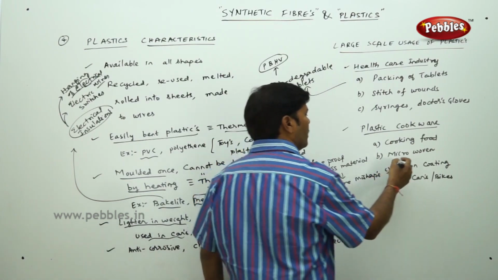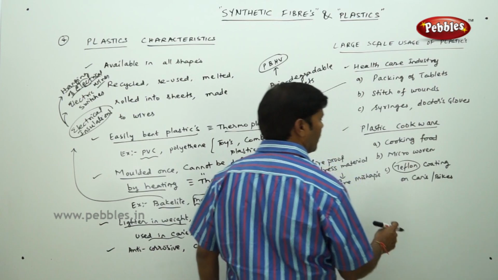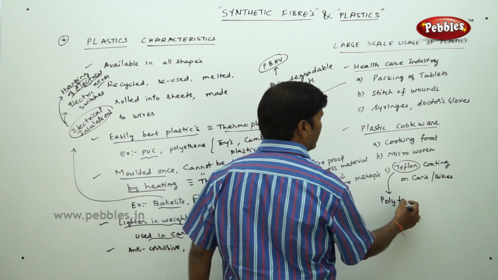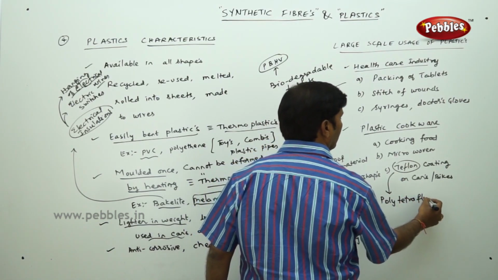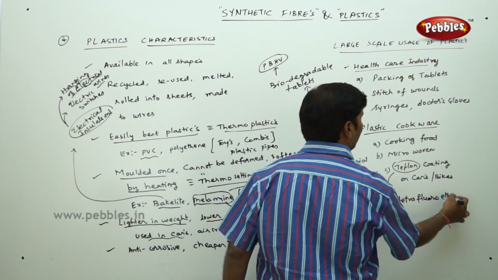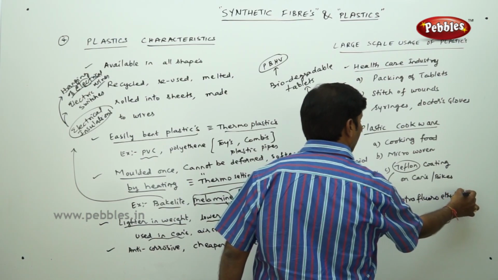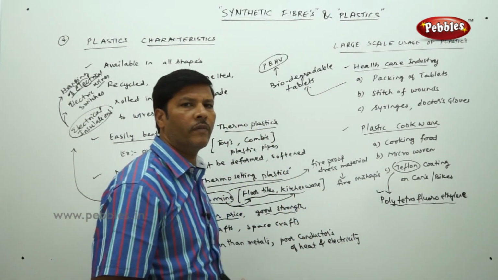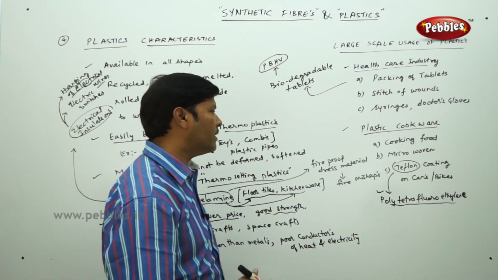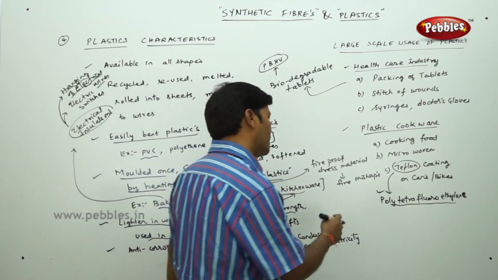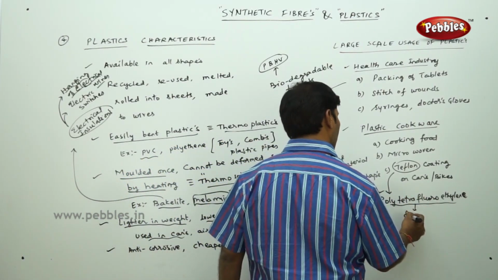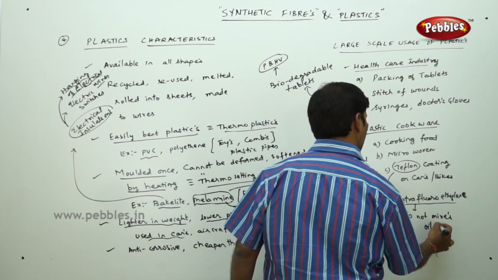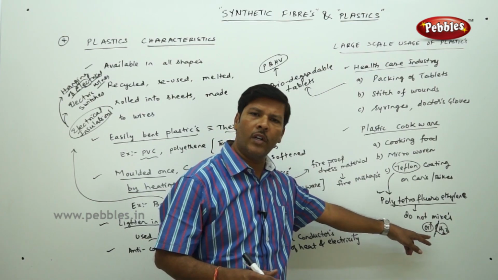This Teflon coating is used for the fine finishing on the surface of the cars. Teflon is made up of polytetrafluoroethylene, the coating which is given on the metal surfaces of cars and bikes, and this is because polytetrafluoroethylene does not mix with oil and water.